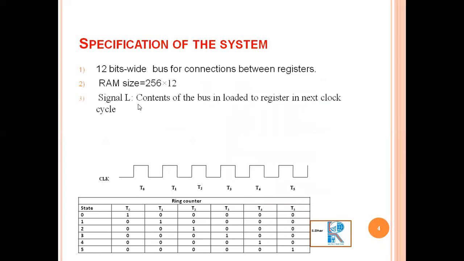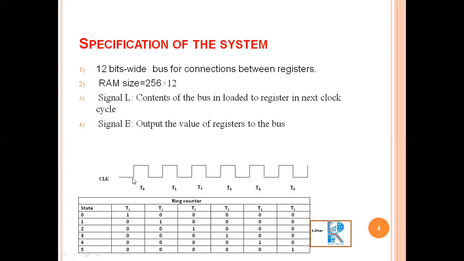Clear? Signal L, I have already told you, means the bus value is loaded into the register in the next clock cycle, and signal E is the output value of the register to the bus. Now see what the clock is. Clock is a sequence of pulses. This pulse is generated because, as you already know, one micro instruction should be completed within one pulse, and this is called one period.